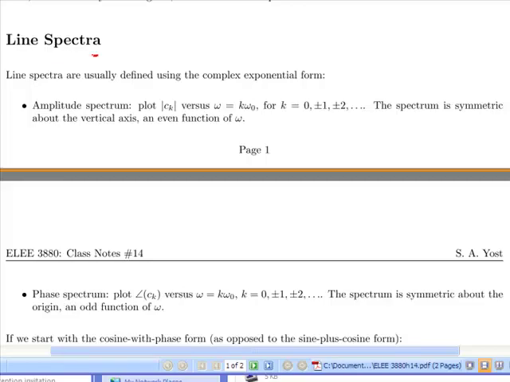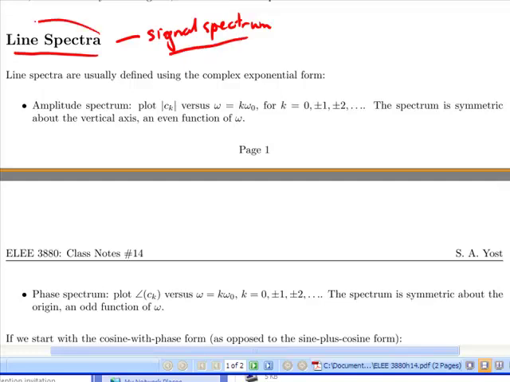Let's discuss what line spectra are. Here we're starting to introduce the idea of the signal spectrum, which is a more general term. We find that for periodic signals, the signal spectrum takes the form of discrete lines.